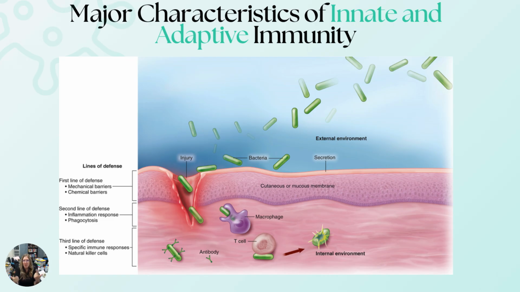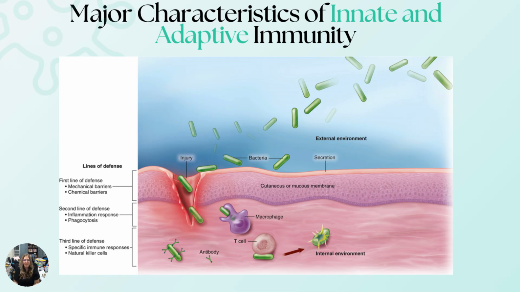Our inflammation, our macrophages, our phagocytosis, and the other innate mechanisms. And then eventually we can recruit a specific adaptive response. So, again, that's how I want you to think about these three lines of defense, not as three individual definitions for a quiz, but what happens in sequence when our patient is exposed to a pathogen.